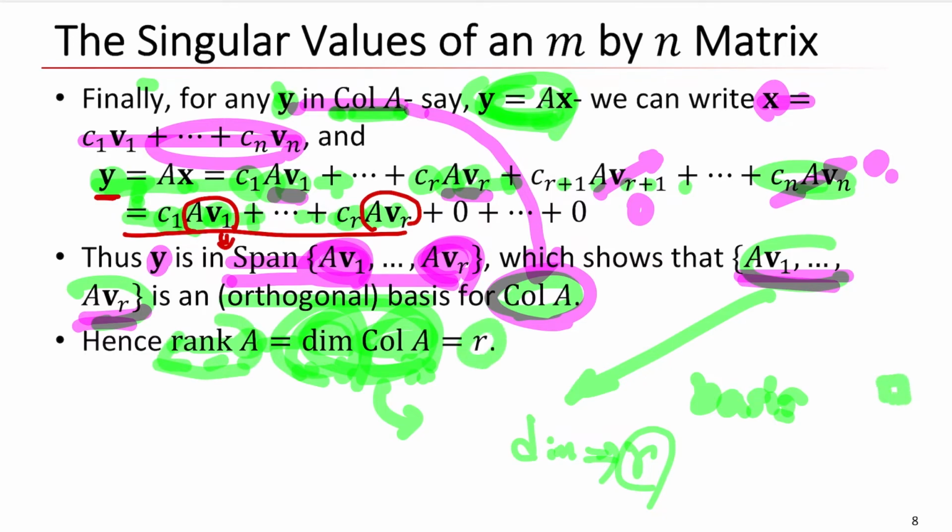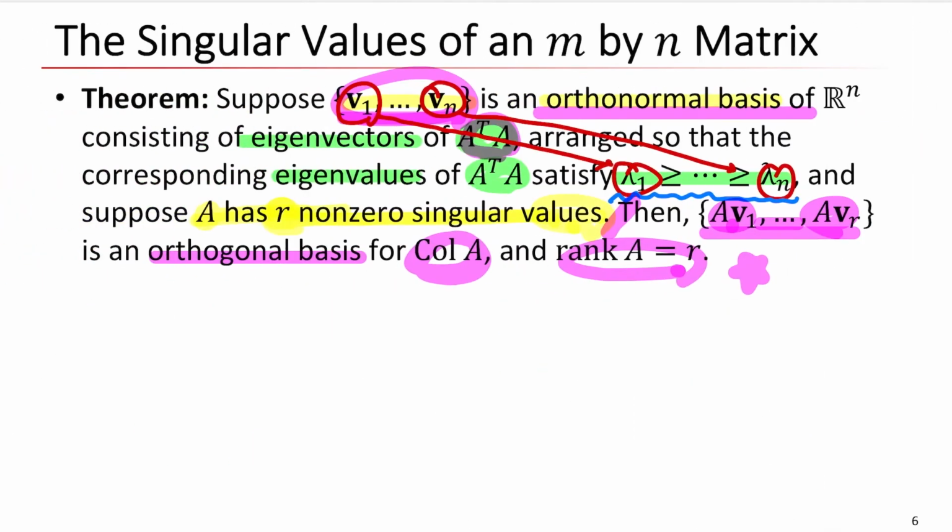Okay. So in other words, if we have the eigenvectors of A transpose A and the eigenvalues of A transpose A, and we define the eigenvectors as v1 through vn, then Av1 through Avr is an orthogonal basis for the column space, and the rank of A is just r.